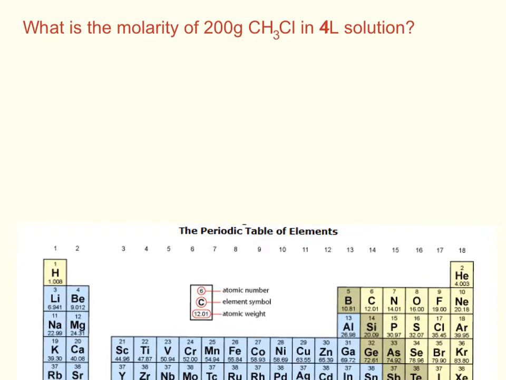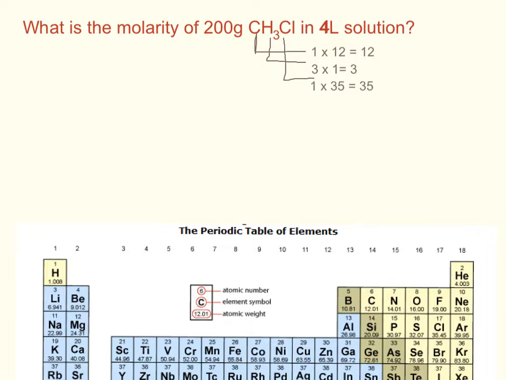So suppose we wanted to figure out the molarity of 200 grams of CH3Cl in 4 liters of solution. Again, we would start by figuring out our molecular weight. You see how many atoms of each type we have? And look in the table for the bottom number, their weight.